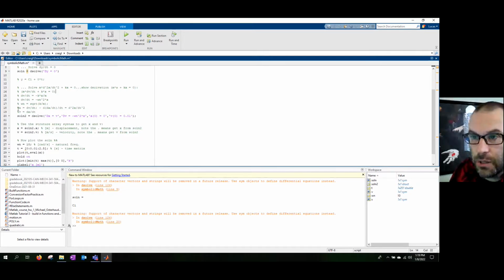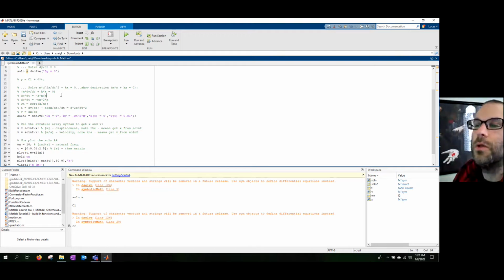But acceleration is also dv/dt, the derivative of v with respect to t. And if you have velocity, which is dx/dt, and you plug that into here, that's where you get d squared x over dt squared, which is this term right here.